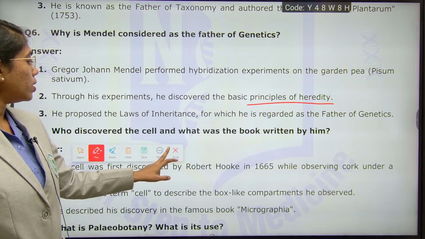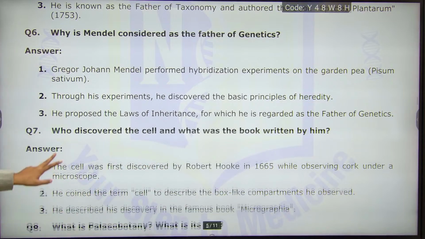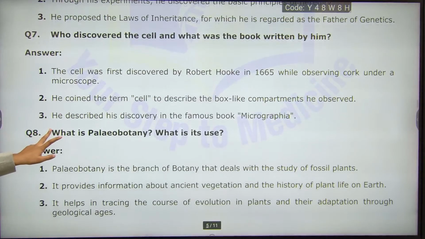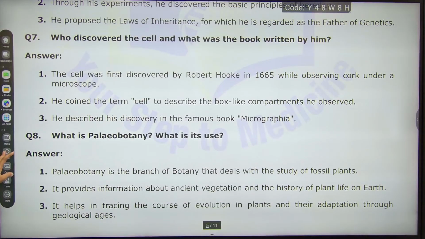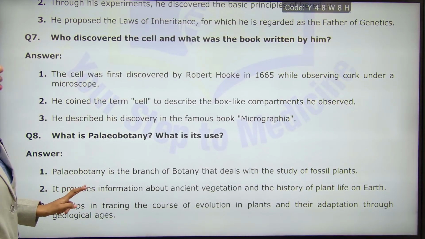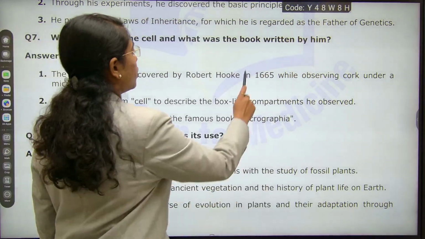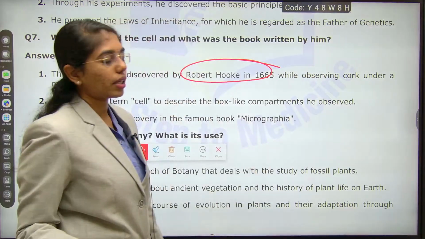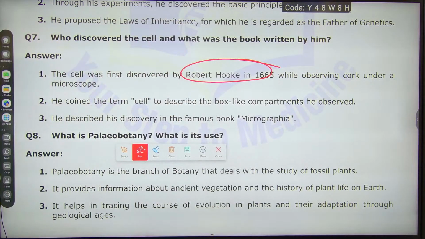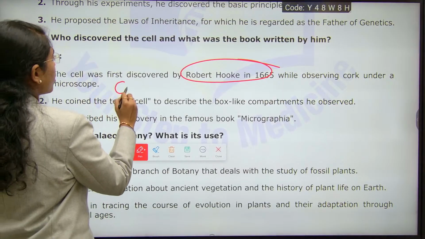Fine. Who discovered the cell and what was the book written by him? Cell, of course, the dead cell was first discovered by Robert Hooke. Year, it is your comfort. If you want to mention, you can mention the year, that is 1665. He observed this from cork cells of what plant?